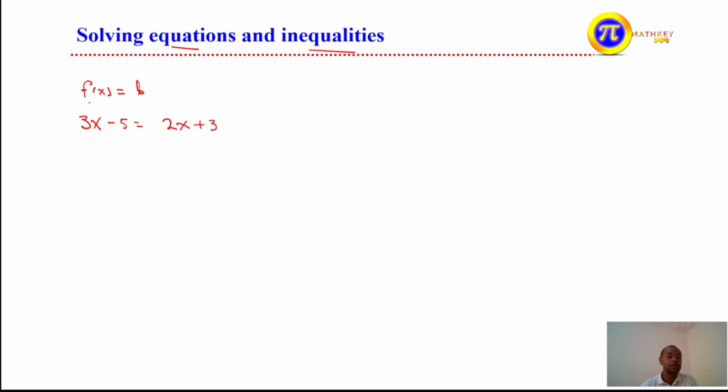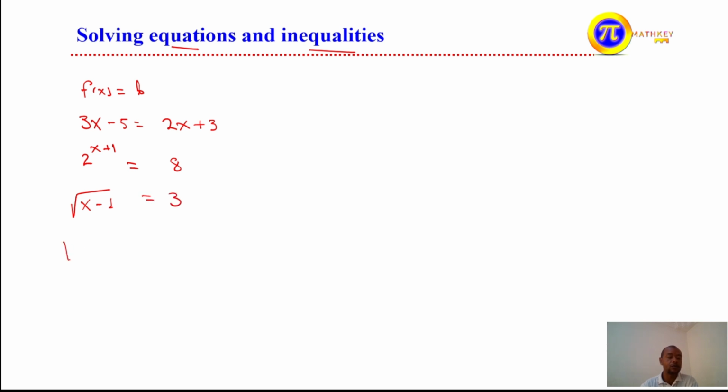This is an equation. The other one: 2 to the power of x plus 1 is equal to, let's take, 8. This is also an equation. The other thing we consider is the square root of x minus 1 is equal to, for instance, 3.